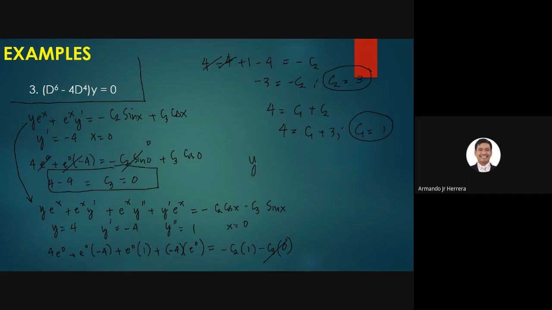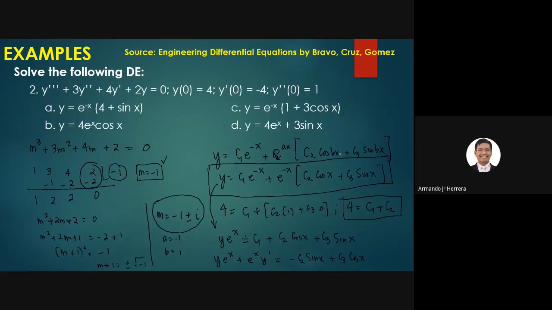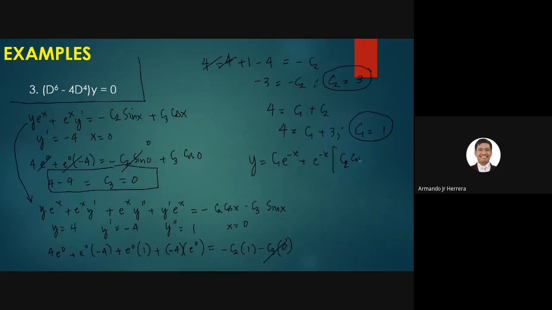So ang ating general solution, y is equal to C1 e to the minus x plus e to the minus x, C2 cosine x plus C3 sine of x. Then substituting, C1 is equal to 1.